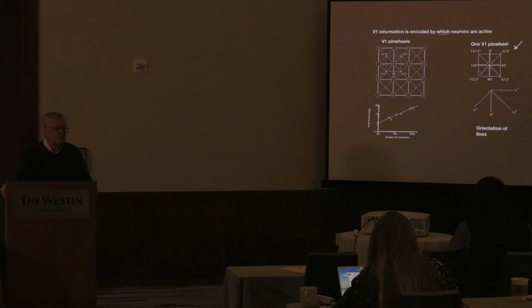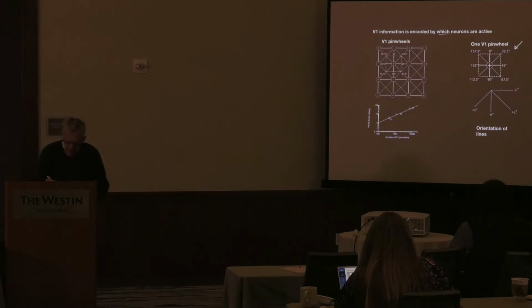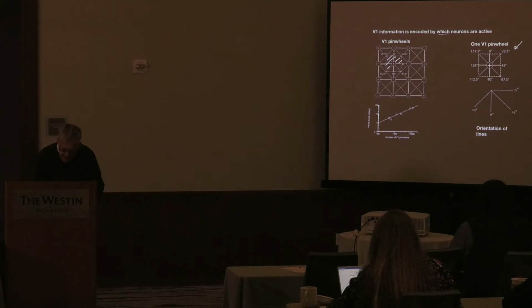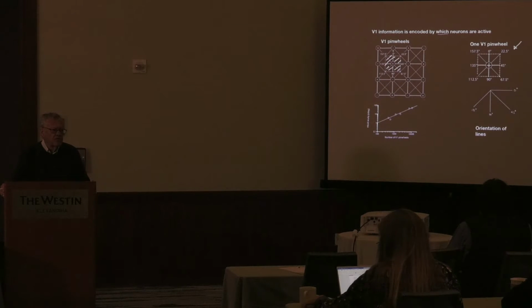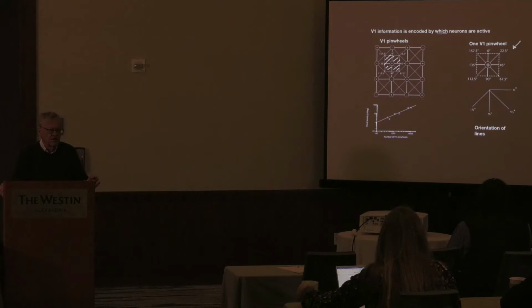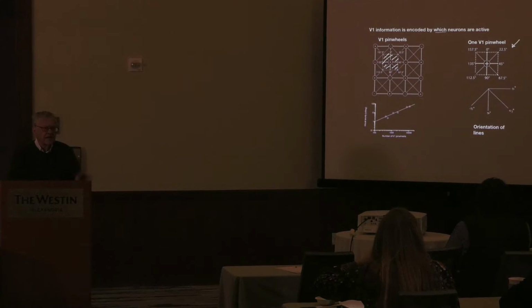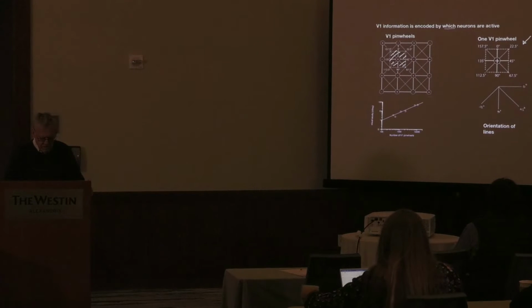In the primate visual cortex, that's you, we have 2.5 million cells underneath every square millimeter, and so that means that this pinwheel over here has 2.5 million cells in it, and those cells are just the same as the cells in all the other pinwheels. So all the information that needs to be encoded can be encoded by each of the individual pinwheels.